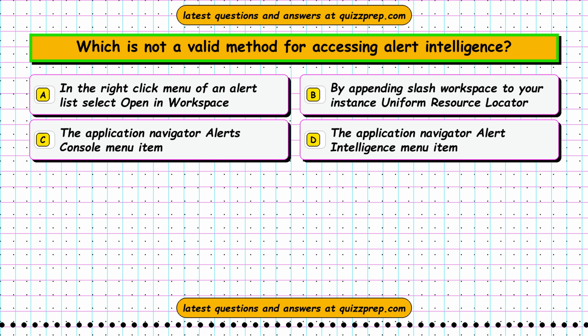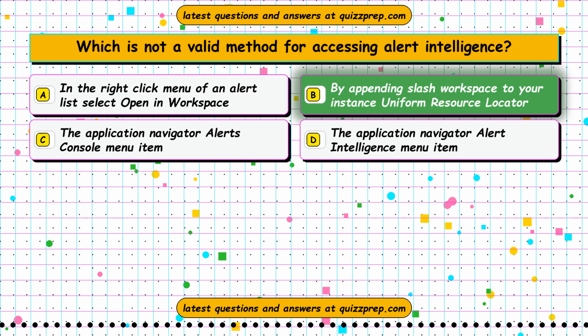Question 36. Which is not a valid method for accessing alert intelligence? Option A, in the right-click menu of an alert list, select Open in Workspace. Option B, by appending /workspace to your instance uniform resource locator. Option C, the Application Navigator Alerts Console menu item. Option D, the Application Navigator Alert Intelligence menu item.